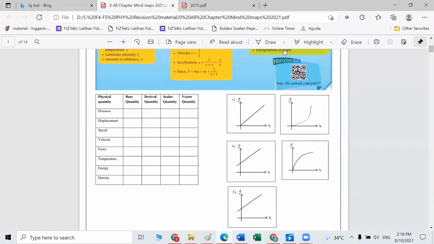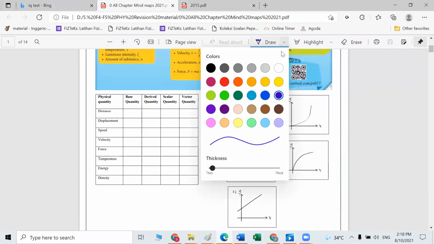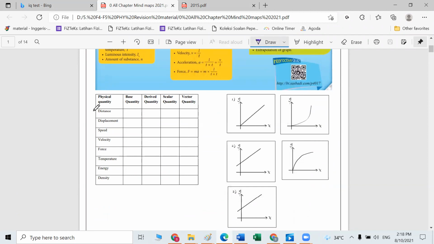Okay, so now who can answer this? Kai An, Minh Hong, Smita, Wan Cheng, Wei Dong, answer this.